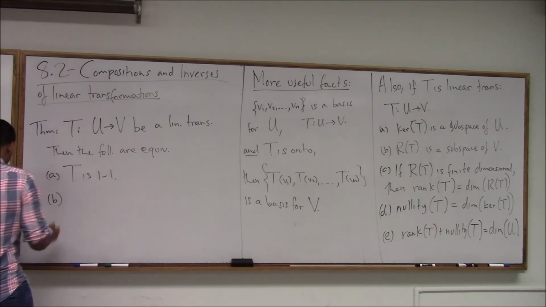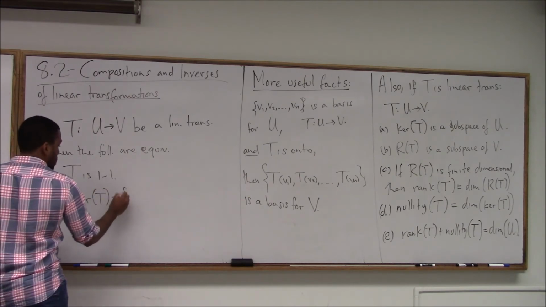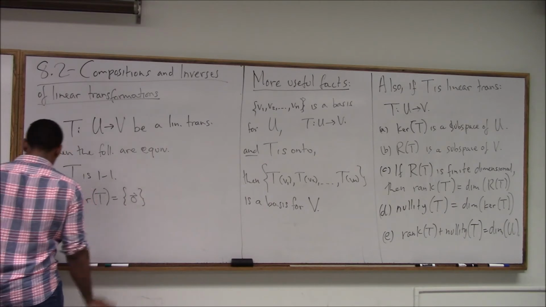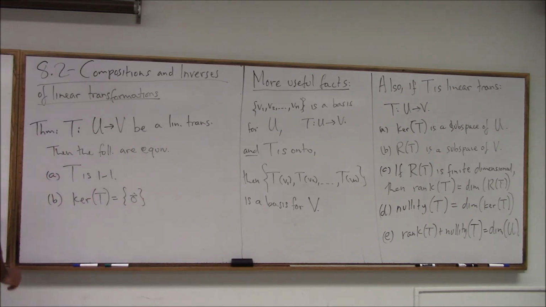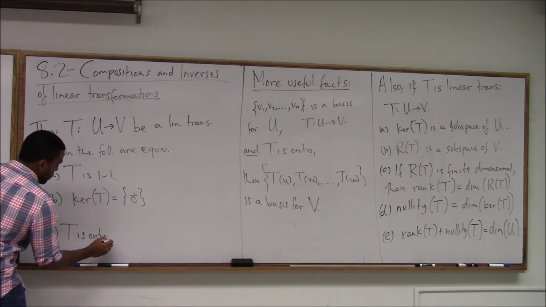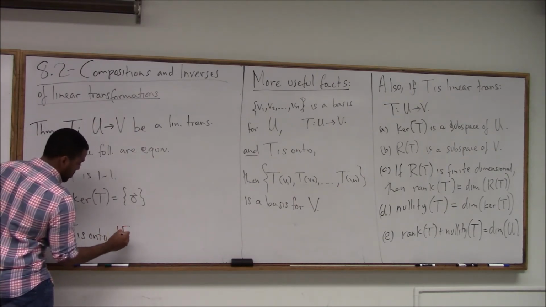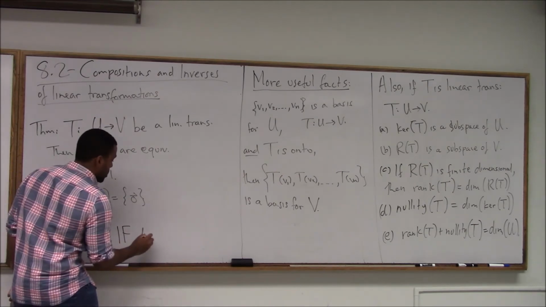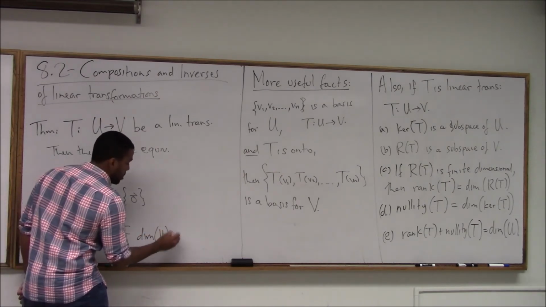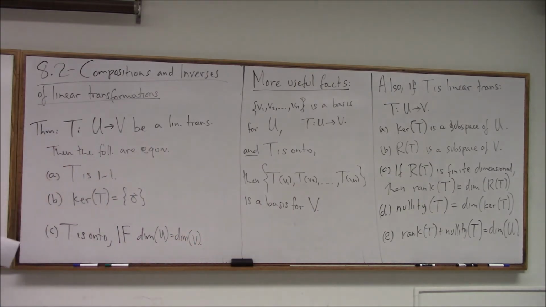B. The kernel of T is only the 0 vector. And T is onto at the same time. We have that for free if the dimension of U is equal to the dimension of V. Otherwise, you cannot assume onto.